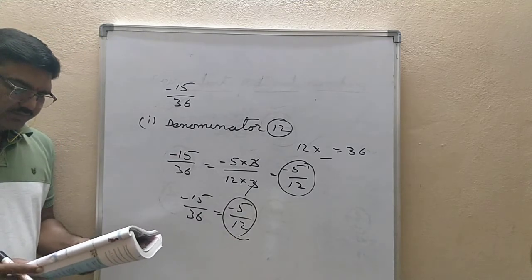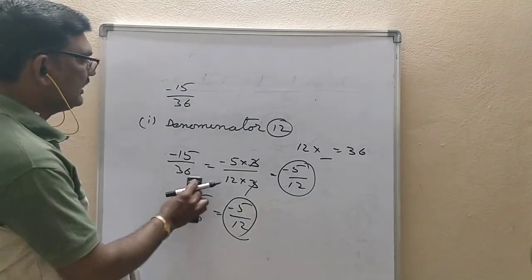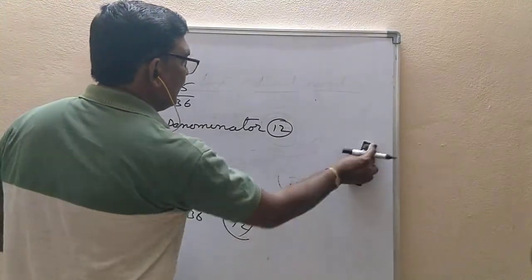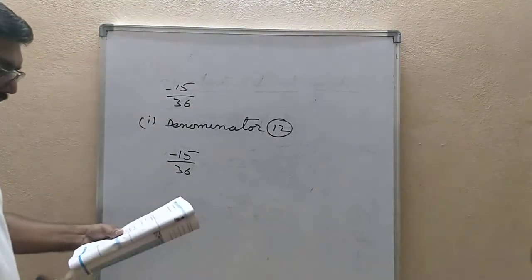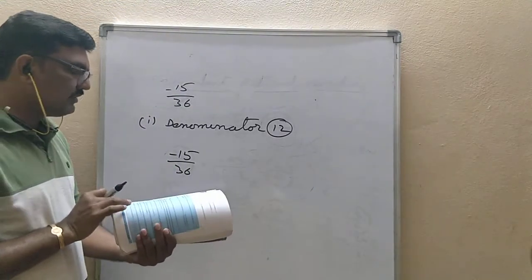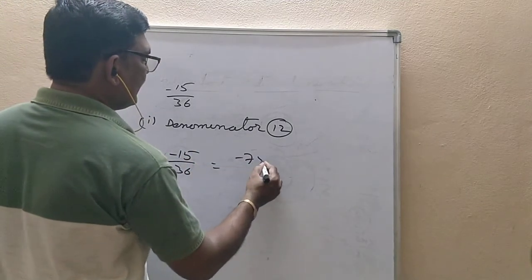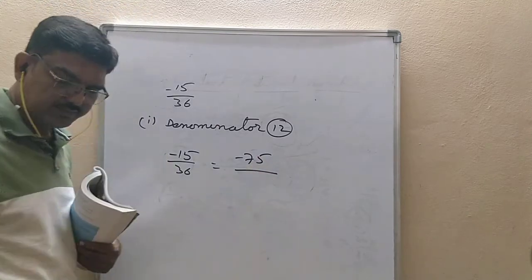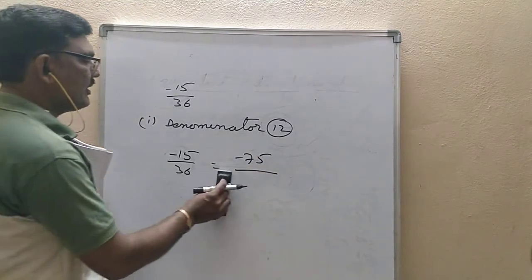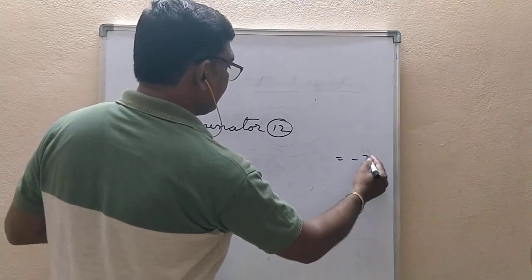Next one, minus 15 by 36 only. You have to represent the numerator as minus 75. Here the numerator has to become minus 75.